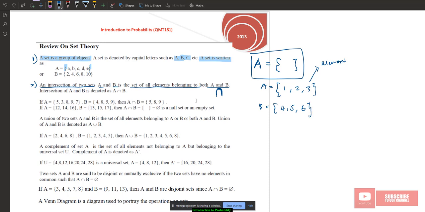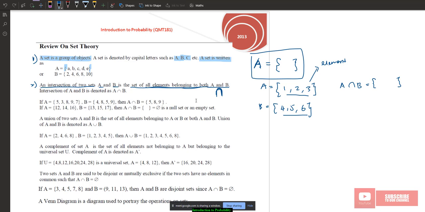Let's say we want to find the intersection between A and B. A intersect B should be all elements that belong to both A and B. So if we look here, A is 1, 2, 3, and B is 4, 5, 6.